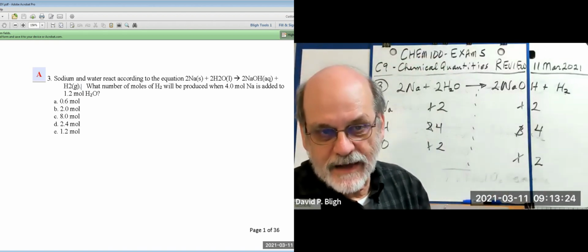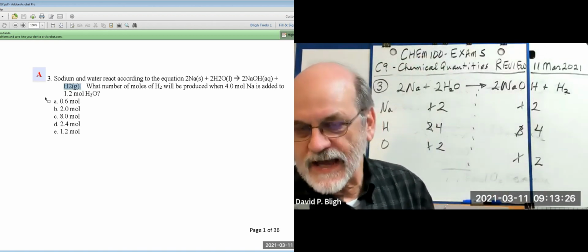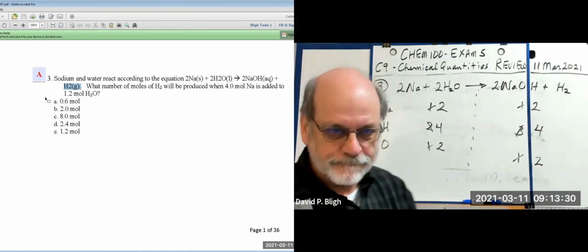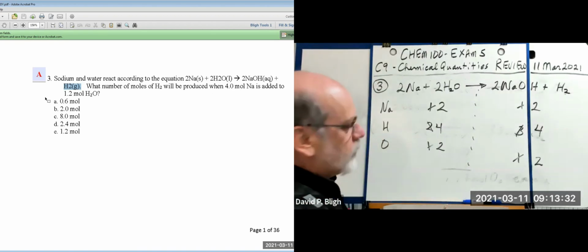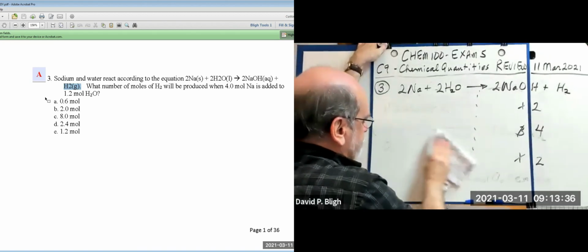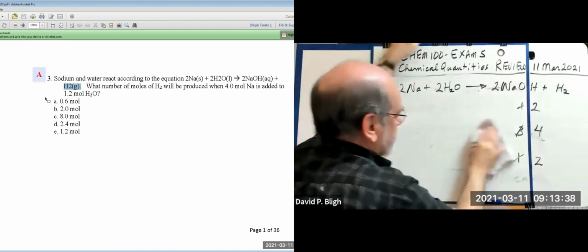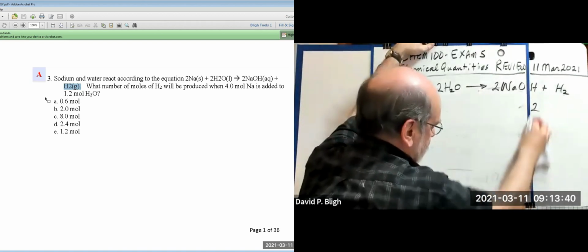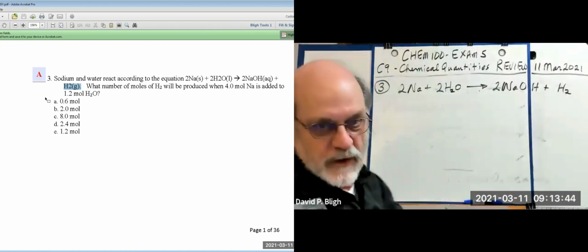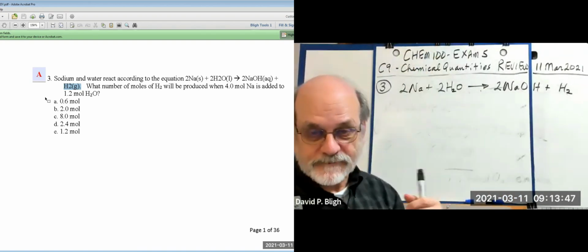My mistake was I didn't see that hydrogen hanging down there on the second line. All right, now that we know that it's balanced, we can proceed with the rest of the problem.